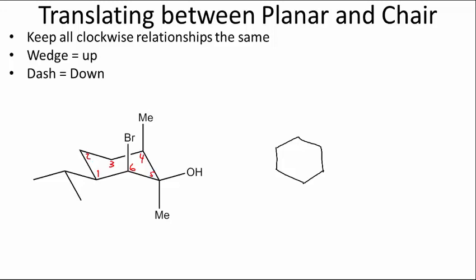So I'd start by drawing a hexagon and numbering around my ring. And then I'm just going to make the arbitrary choice of which carbon to call carbon number 1 in my hexagon on the right. Doesn't really matter.